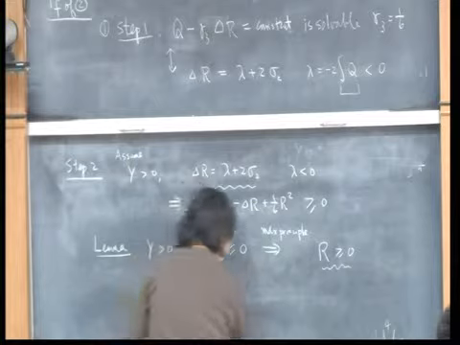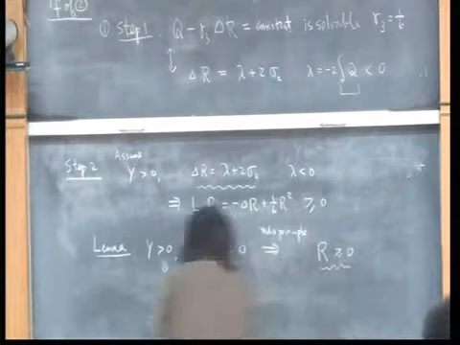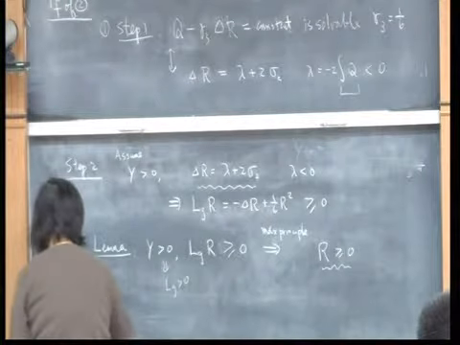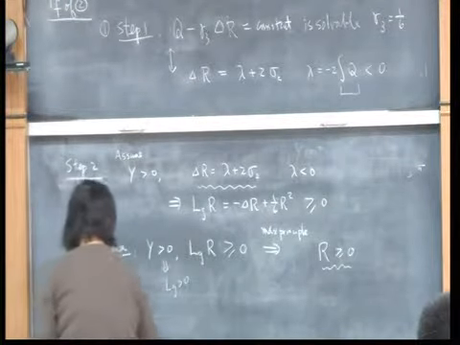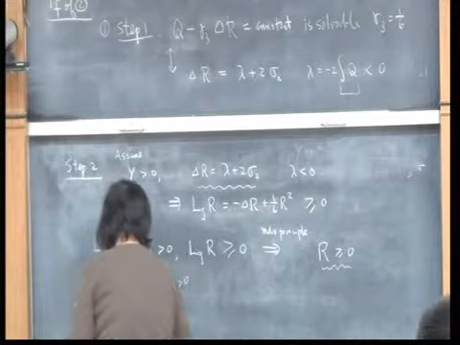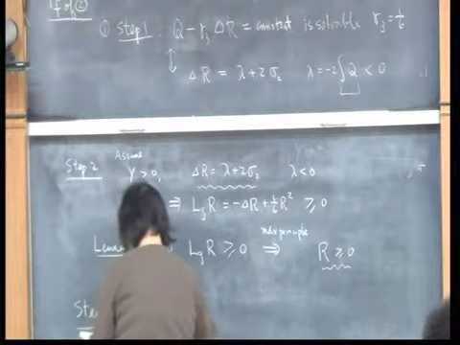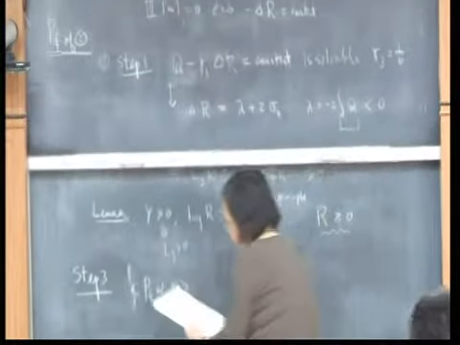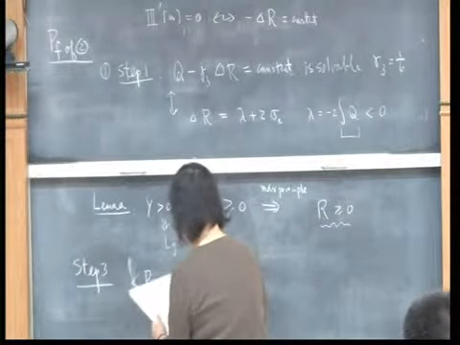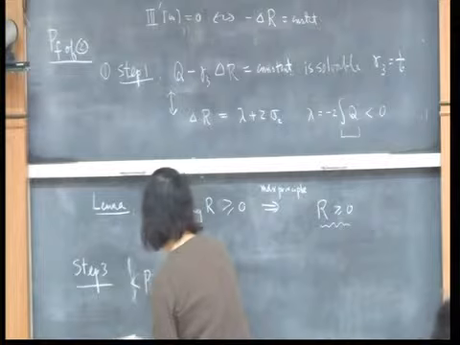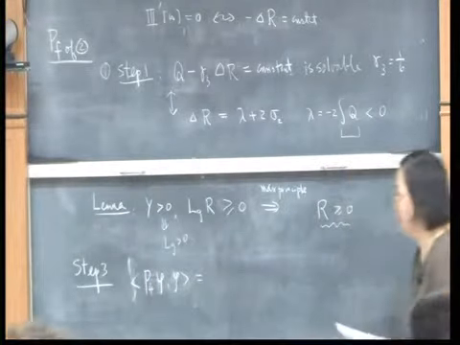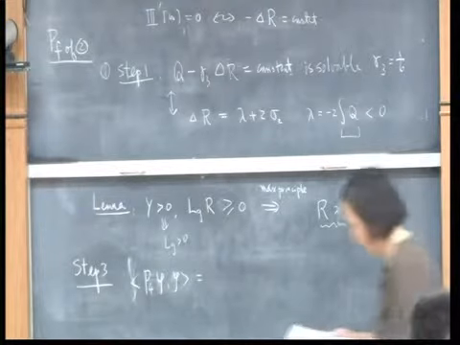Now, with that, one can begin to compute, in step 3, P4 of w. This is for any function phi, we are going to show this is a positive function.